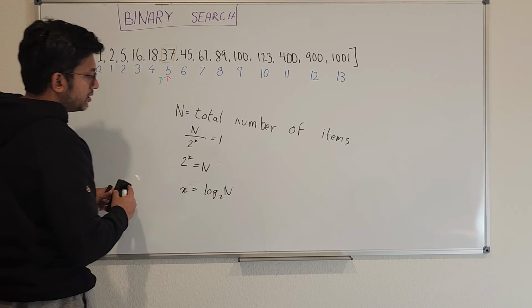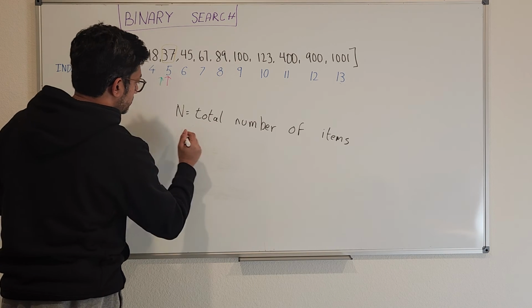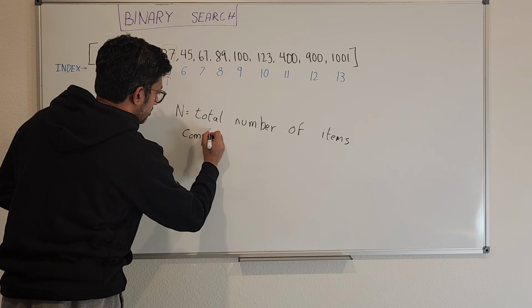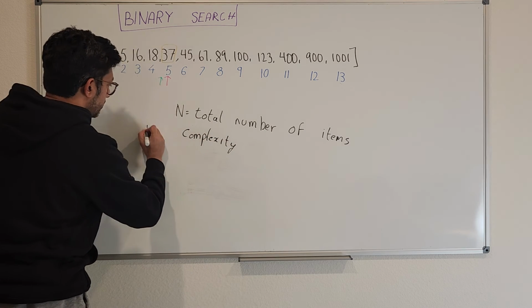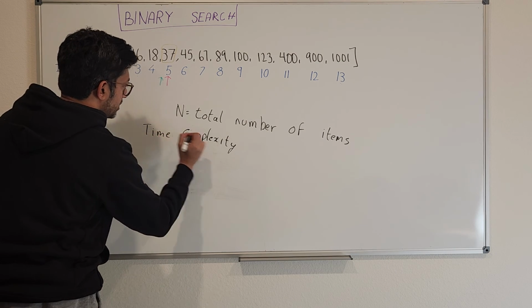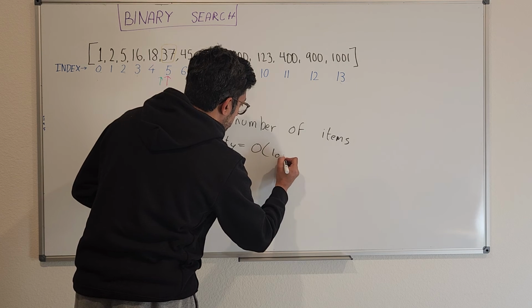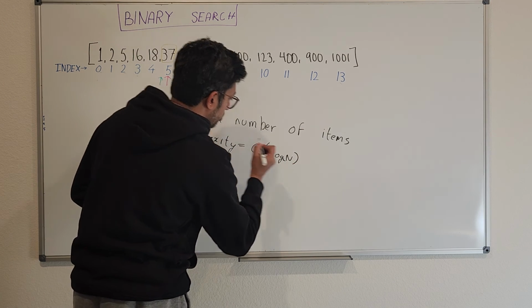So in this case, your time complexity is big O of log n, where n is the total number of items, to base 2.